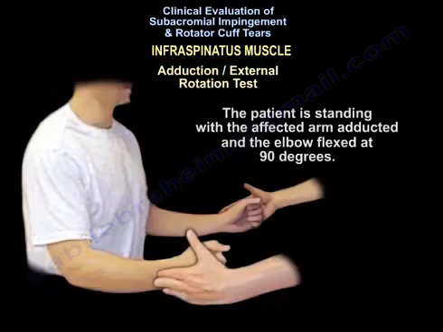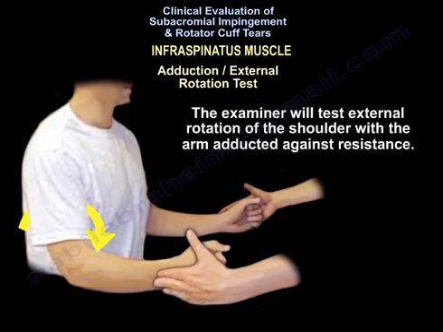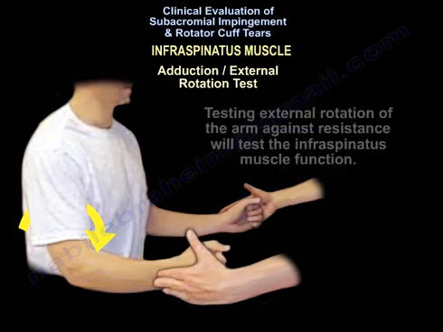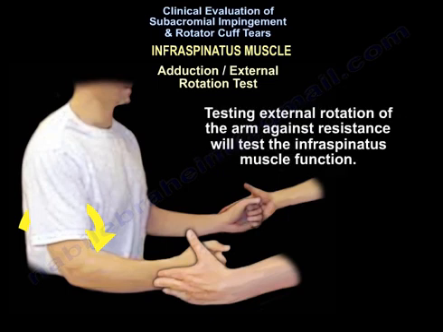The patient is standing with the affected arm adducted and the elbow flexed at 90 degrees. The examiner will test external rotation of the shoulder with the arm adducted against resistance. Testing external rotation of the arm against resistance will test the infraspinatus muscle function.